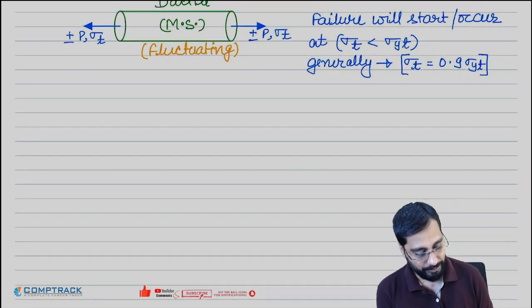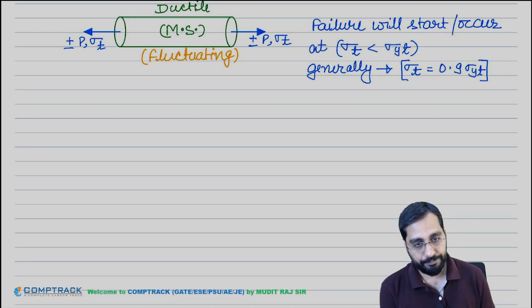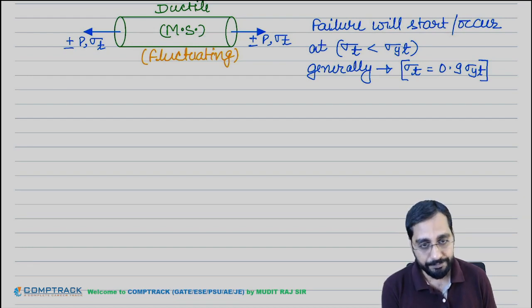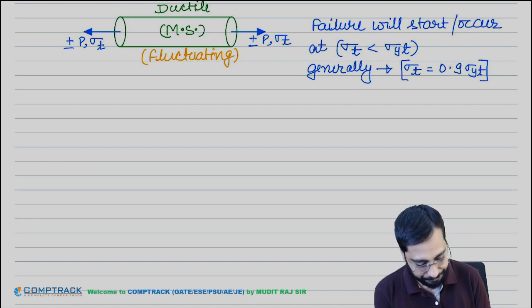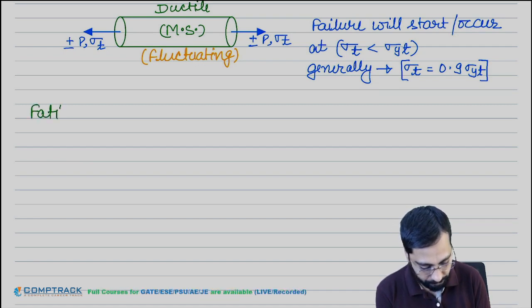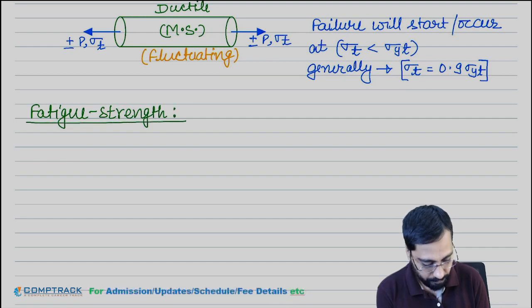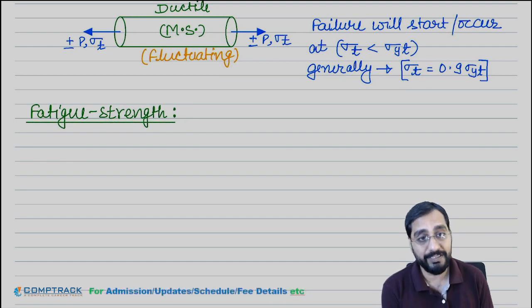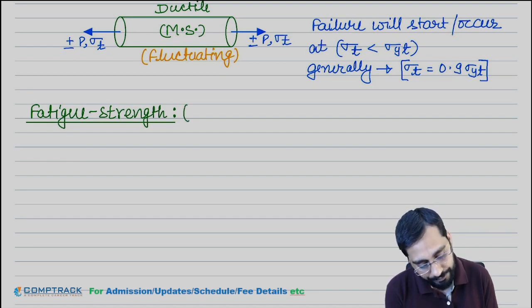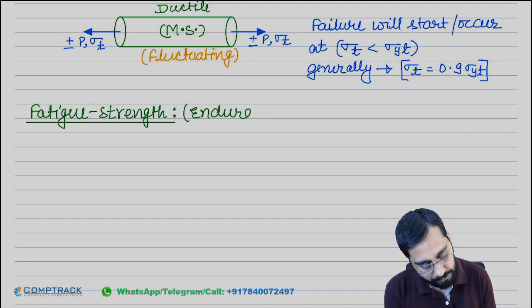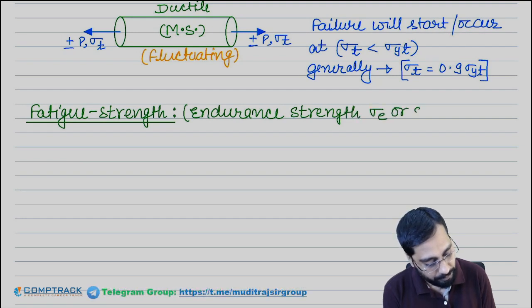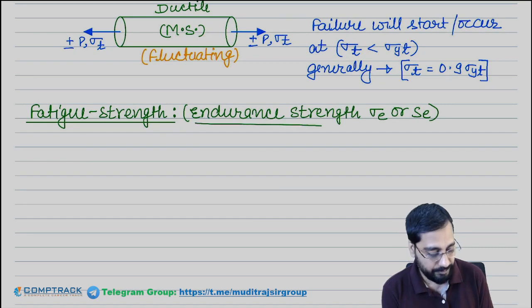Now write down here: fatigue strength, or it is also called endurance strength. It is denoted by sigma E or sometimes S E, endurance strength.